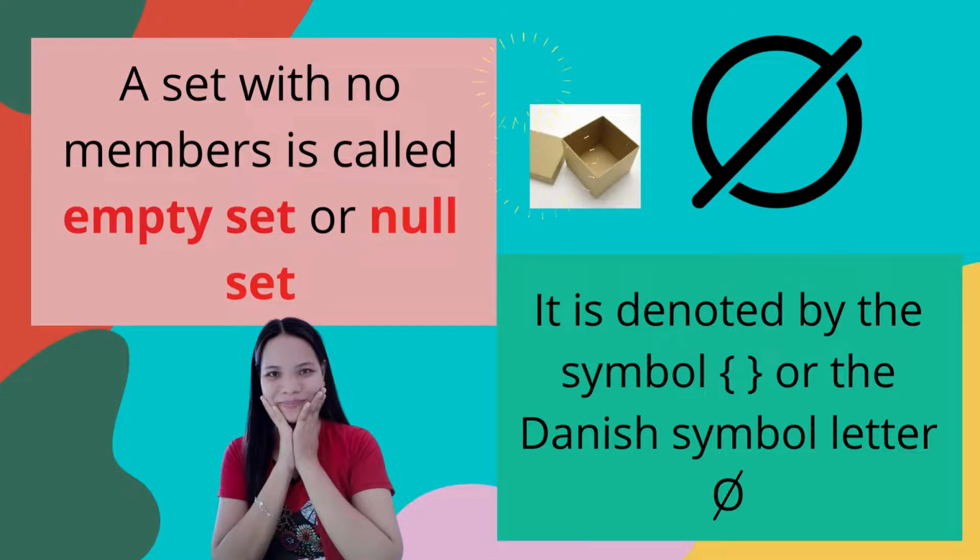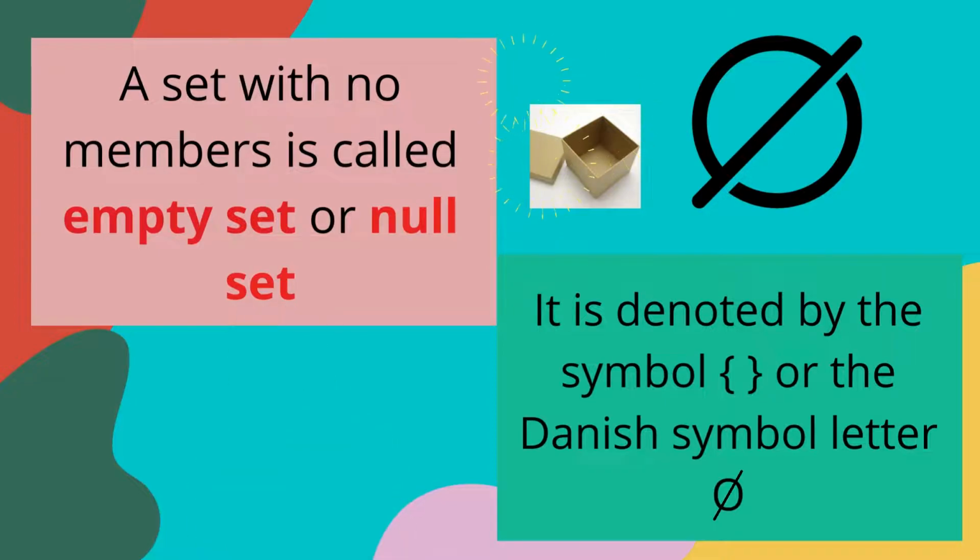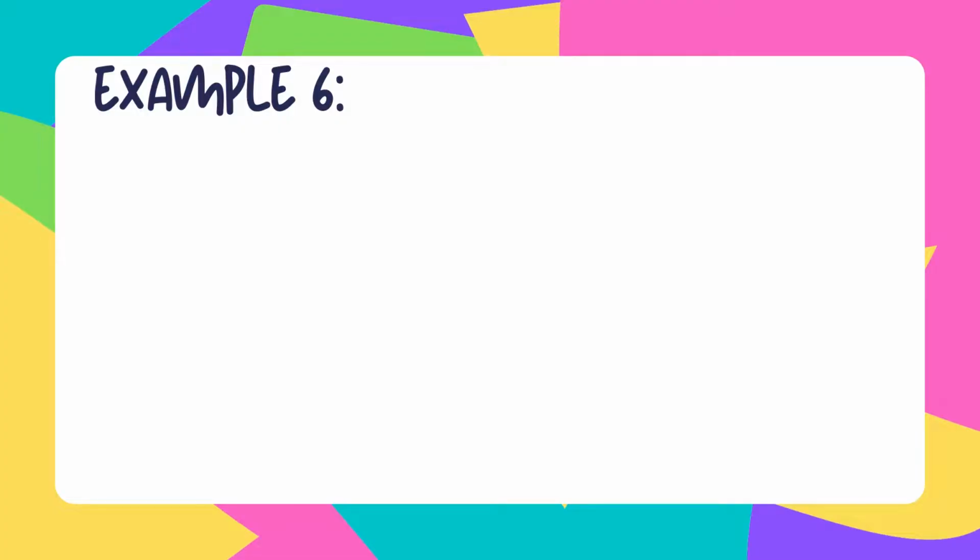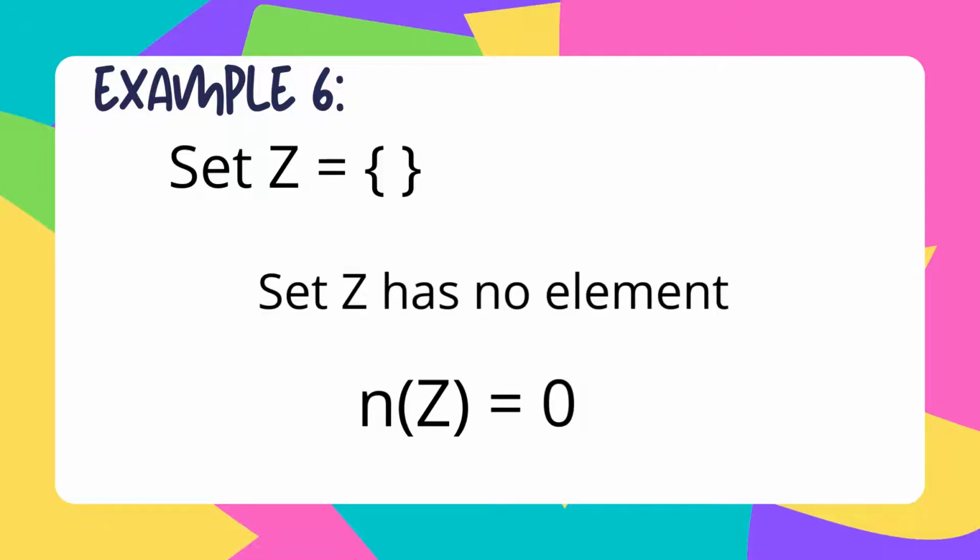So we have the Danish symbol for the null set. For example, in example 6, we have set Z equals empty braces only. What does it mean? This set Z has no element, or the cardinality of set Z is 0.